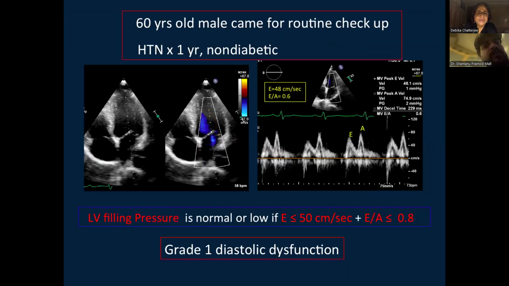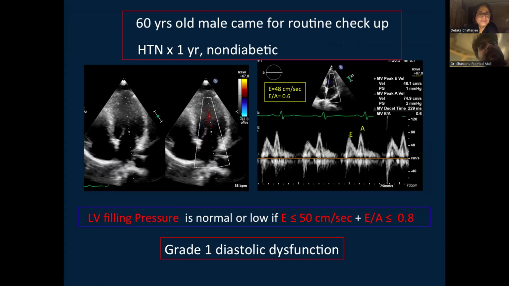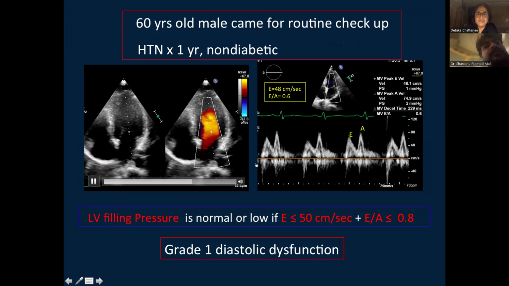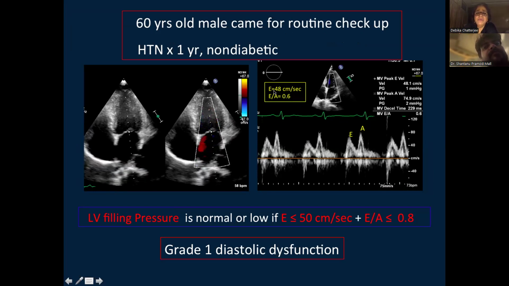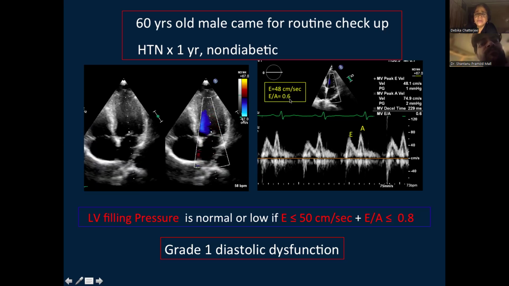Here is a patient, you see, 60 years old male, came for a routine checkup with a history of hypertension for 1 year, non-diabetic. Now, this is the apical four chamber view. I have kept the sample volume at the level of the tip of the mitral valve leaflets to do the pulse wave Doppler of the mitral flow, where I got the E wave 48 centimeter per second and EA ratio 0.6.